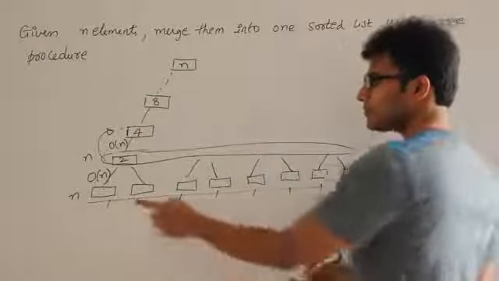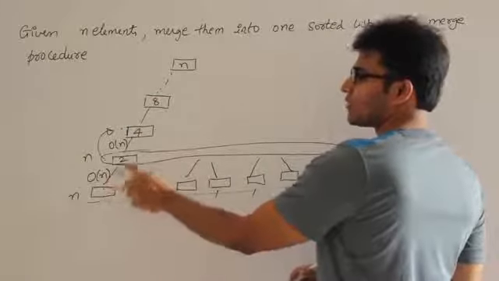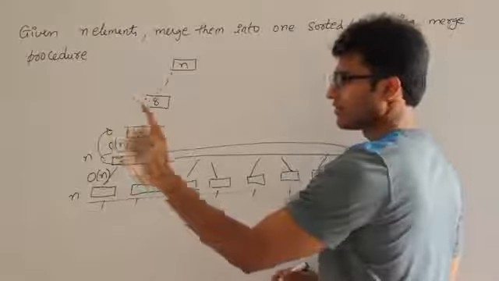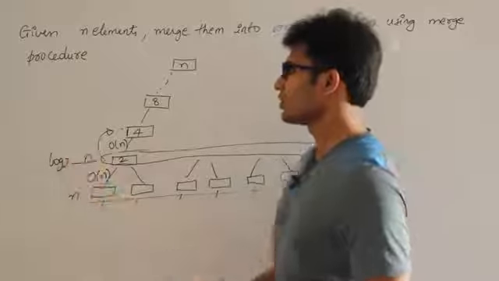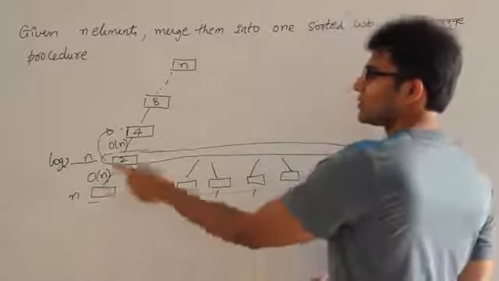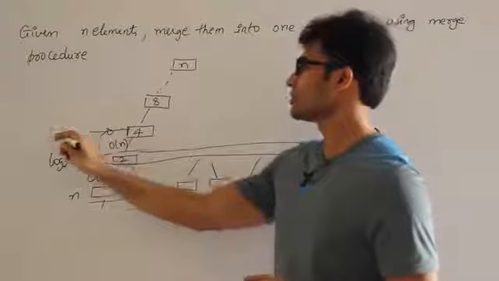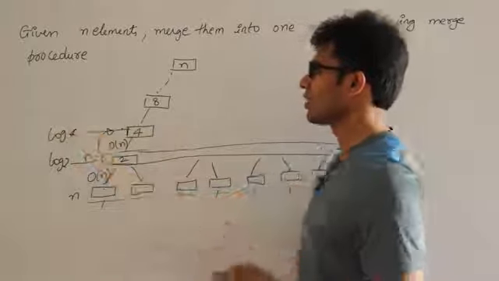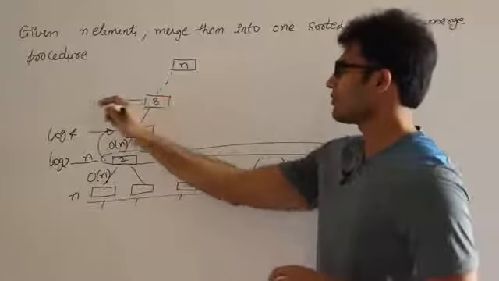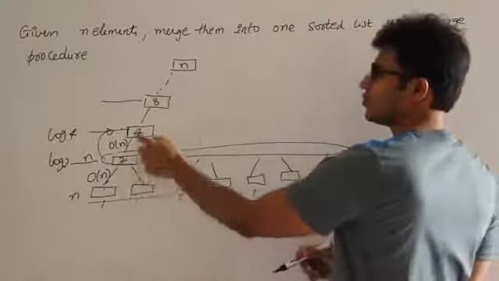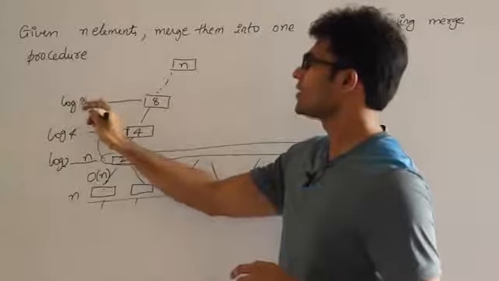To reach from size 1 to size 2, the number of crossings I had to do is 1, because it is log 2, and log 2 is 1. To reach from size 1 to size 4, the number of crossings is 2, which is equal to log 4. To reach from size 1 to size 8, the number of levels I have to cross is 1, 2, 3 levels, which is nothing but log 8.